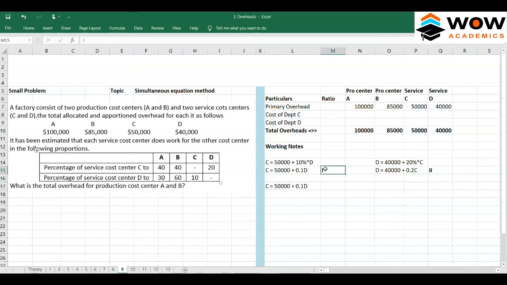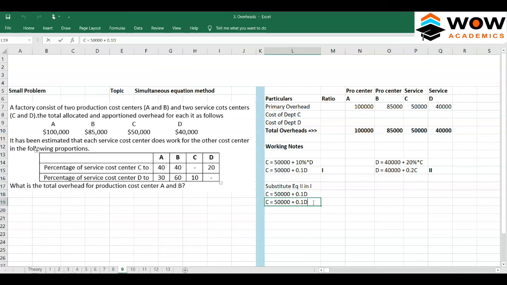We'll take equation number 1, and what we'll do is substitute equation 2 in 1. So we'll take this second equation and put it in the first one.